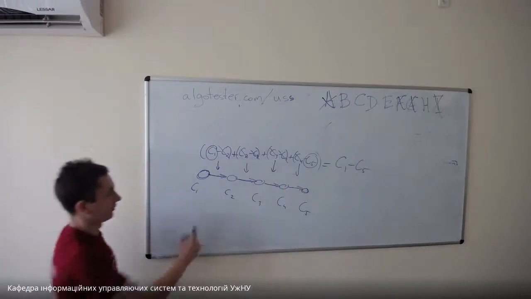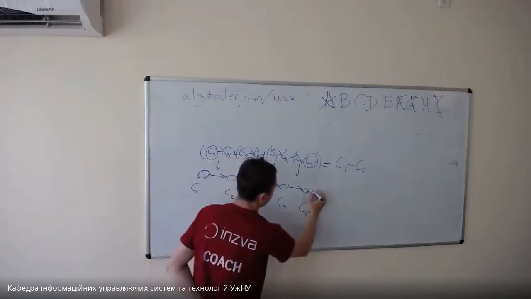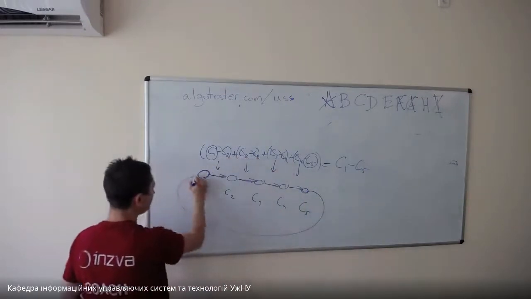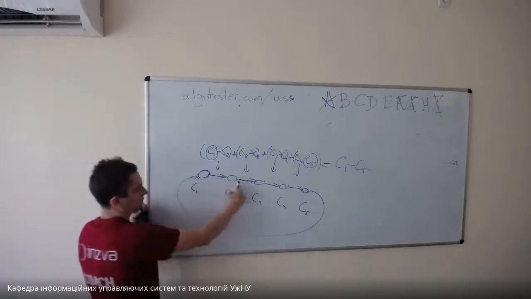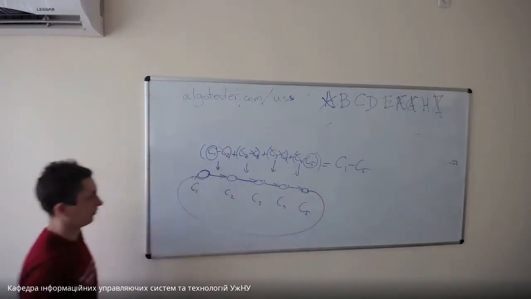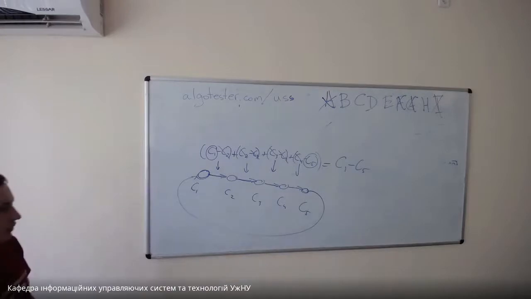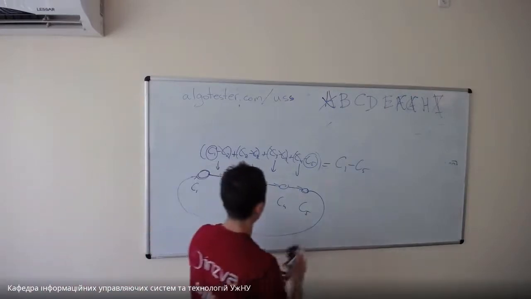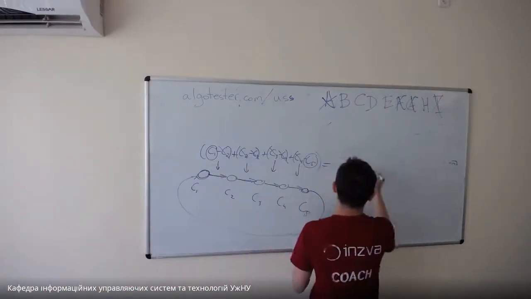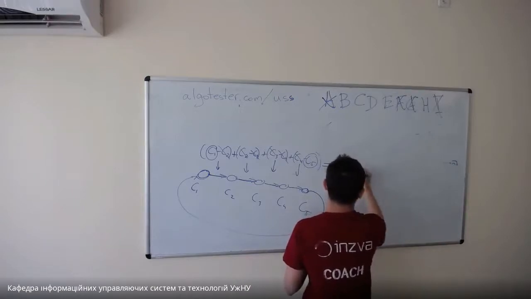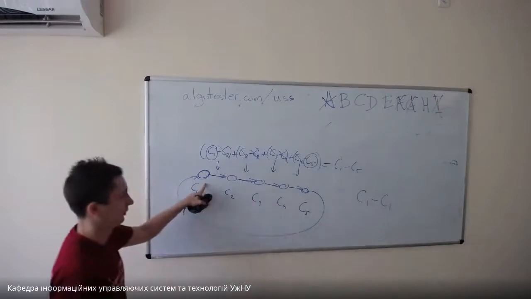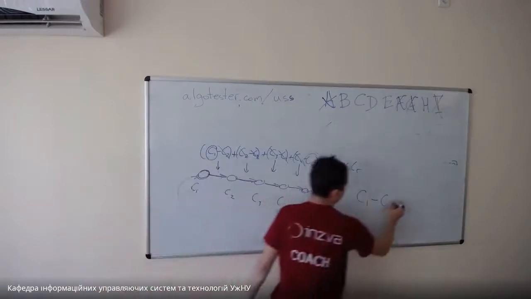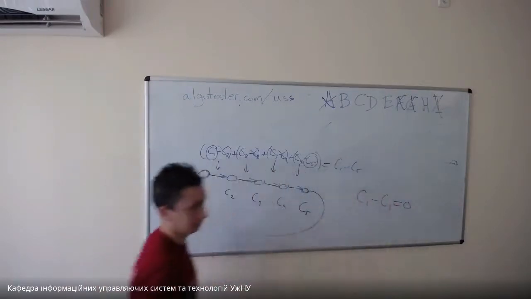Now, if we have a cycle, so if we have an edge like this, and we go a whole cycle, so we sum up the weight of edges on the cycle, then we end up with value C1 minus C1, because we start and end in C1. And this is basically 0.